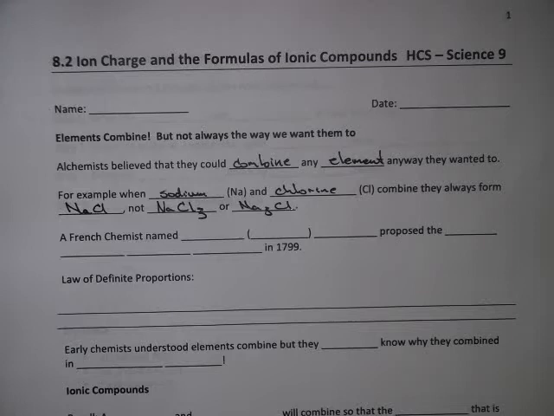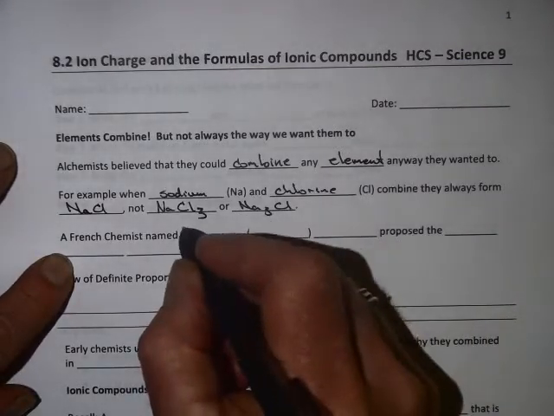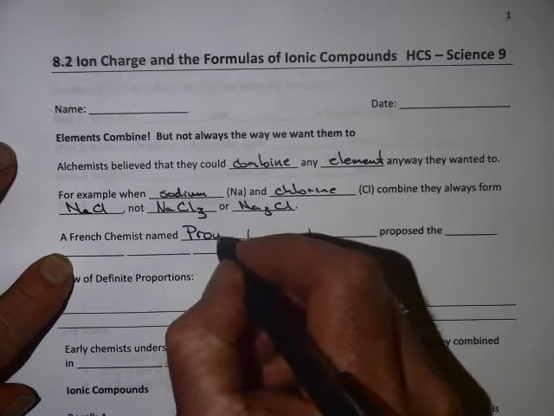The French chemist Joseph Louis Proust proposed the law of definite proportions in 1799.